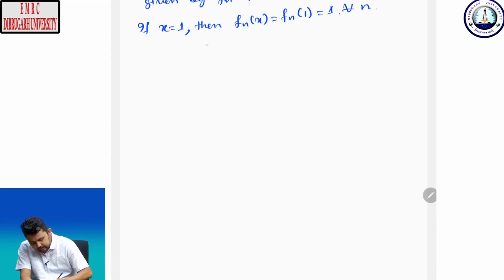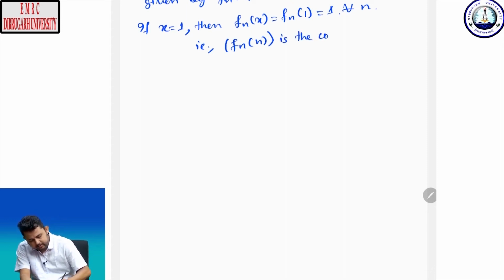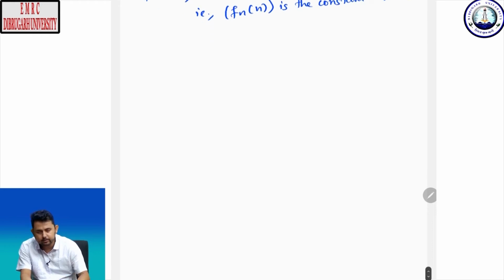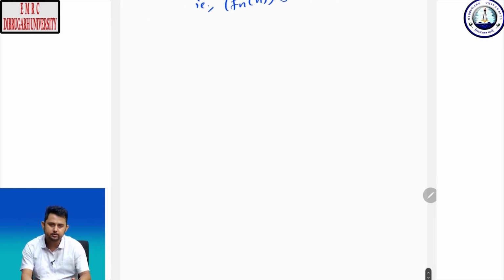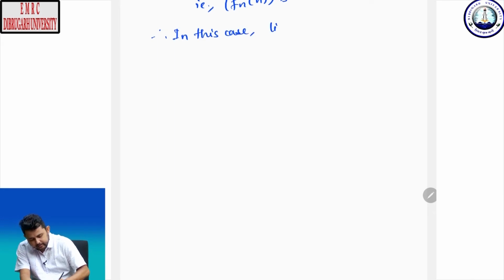That means this sequence fn x is actually the constant sequence 1, and we know the constant sequence 1 converges to 1, right. Therefore, in this case limit fn x equal to 1.